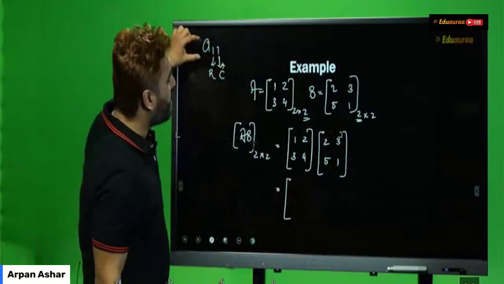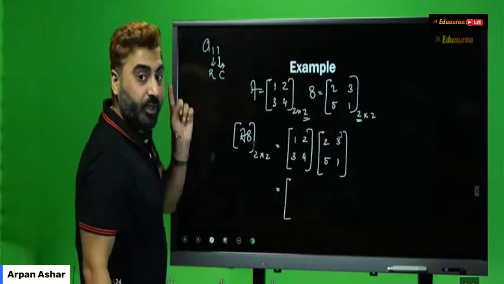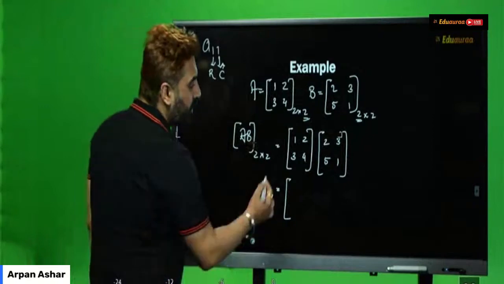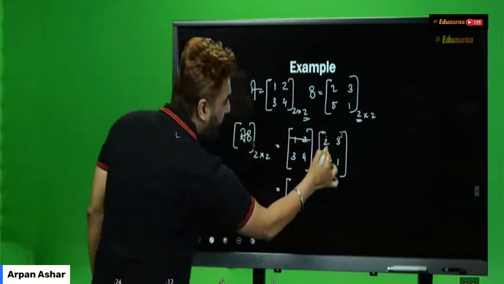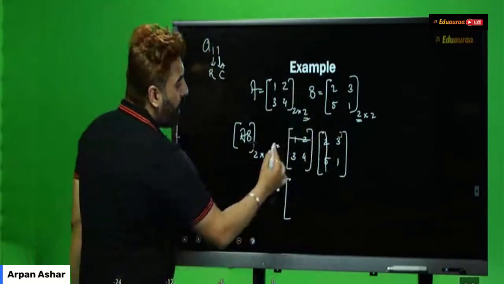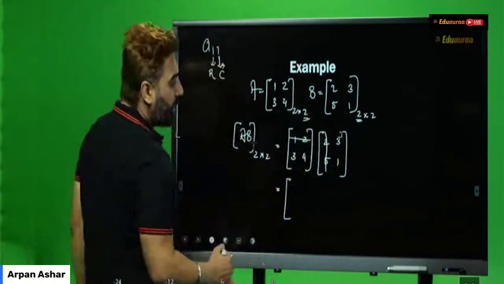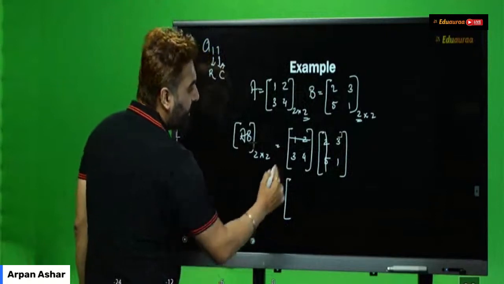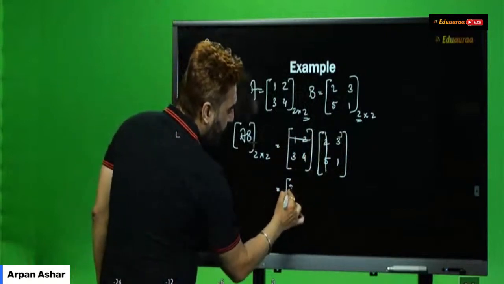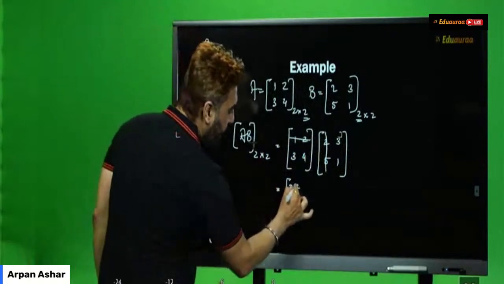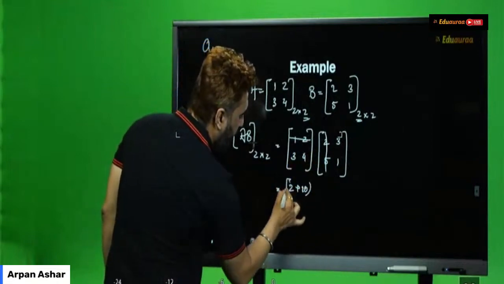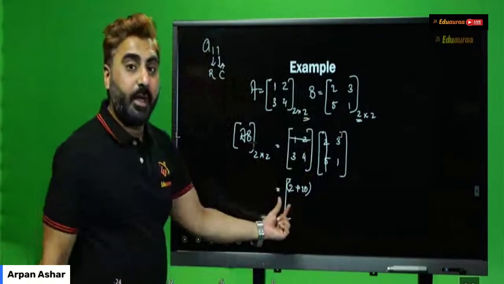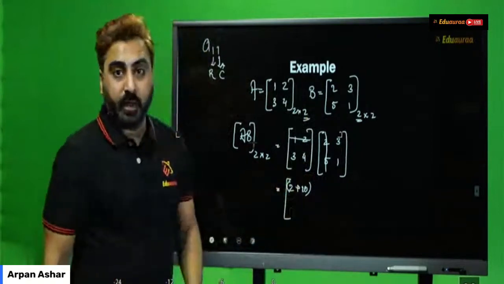So when I want to find A11, that means I will consider first row and first column. So I have to multiply. So this is basically 1 into 2, that is 2, plus 2 into 5, that is 10. So ये जो हमें मिलेगा वो होगा A11.